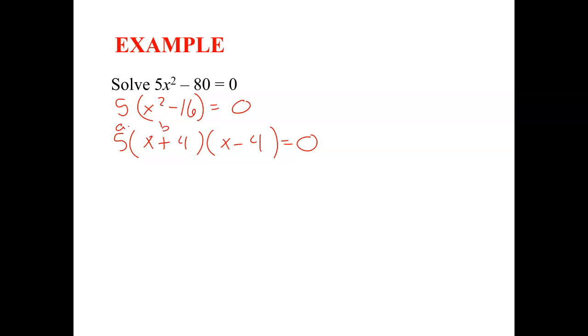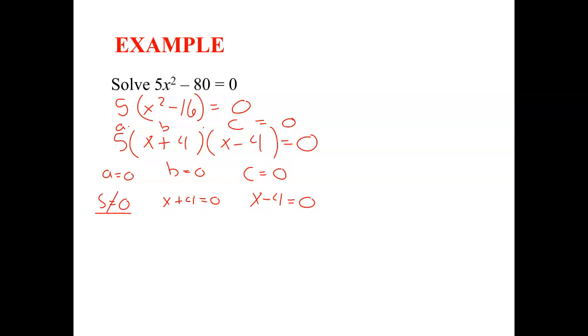So now I have three factors. I've got A times B times C, all equals 0. So I need to set A equal to 0, B equal to 0, C equal to 0. So 5 equals 0, x plus 4 equals 0, x minus 4 equals 0. Now when I look at this first one, does 5 equal 0? No. So that's extraneous. We can ignore that.